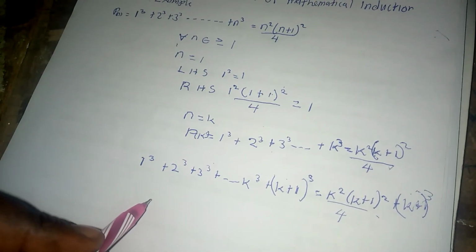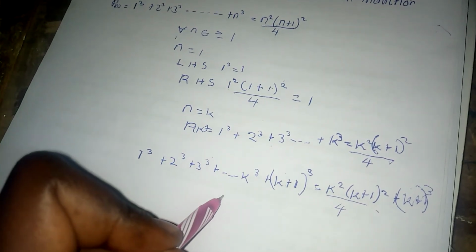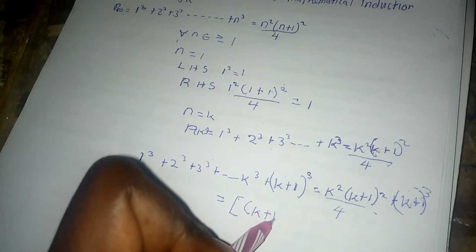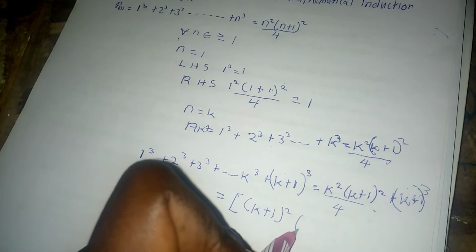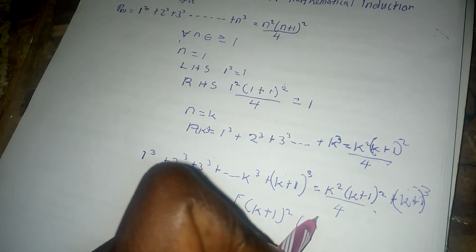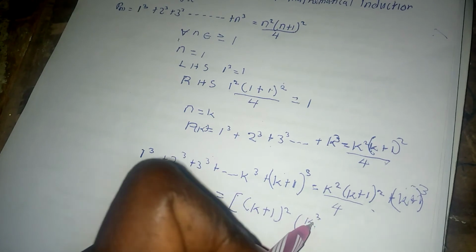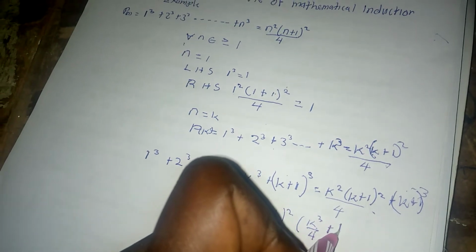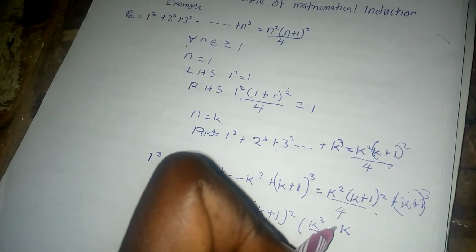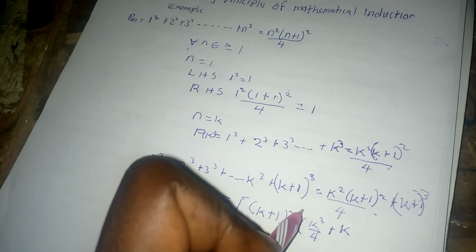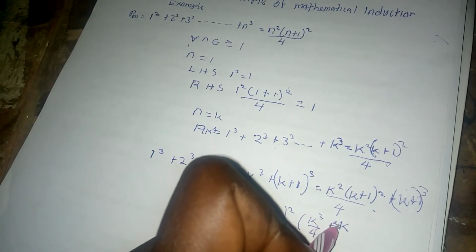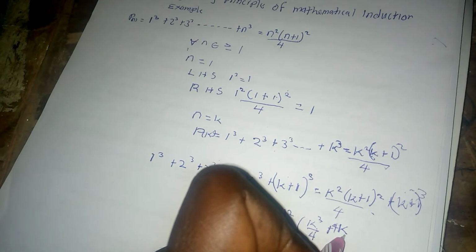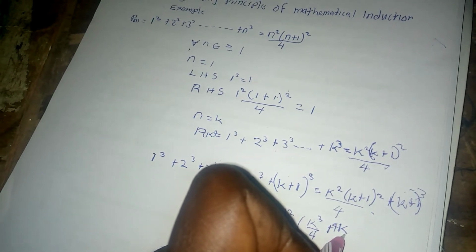Operating it will give us this one, that will be just equal to (k plus 1) squared, you multiply it by k squared over 4 plus (k plus 1), but this k, we are just expanding the bracket, that is same as 4k, because we are expanding the bracket. 4k plus 4.